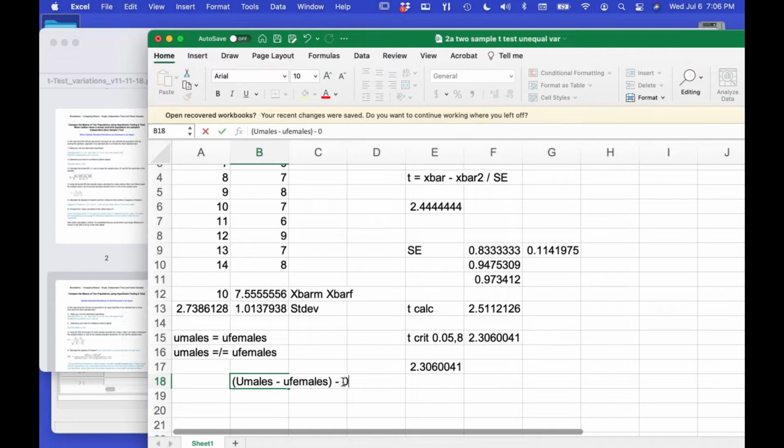In other words, the mu difference is equal to 0, right? In the null hypothesis, you're saying that the two of them are equal.